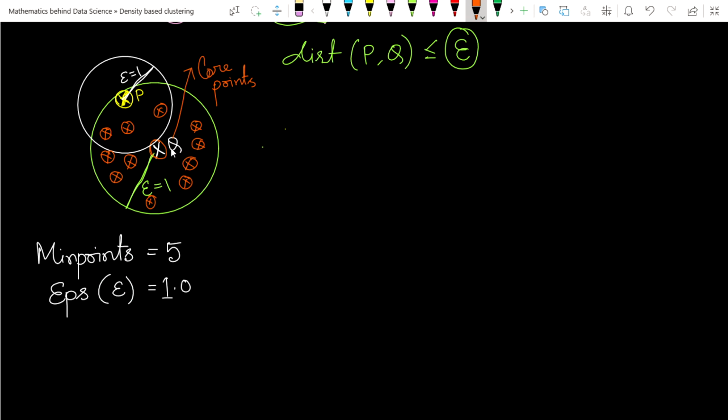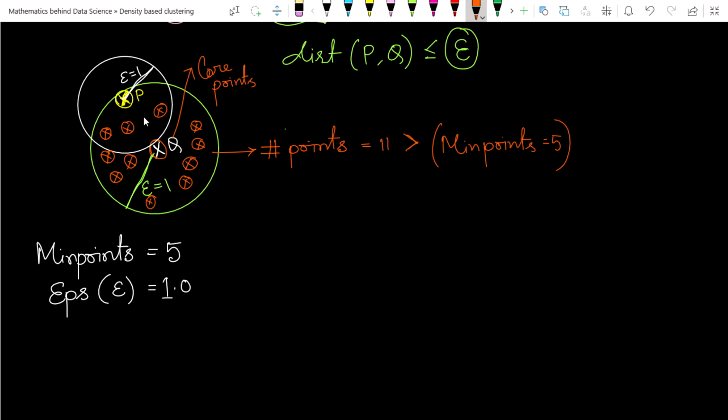So based on the Q region, we have 11 points, which is greater than the min points. Because of that, Q is our core point.